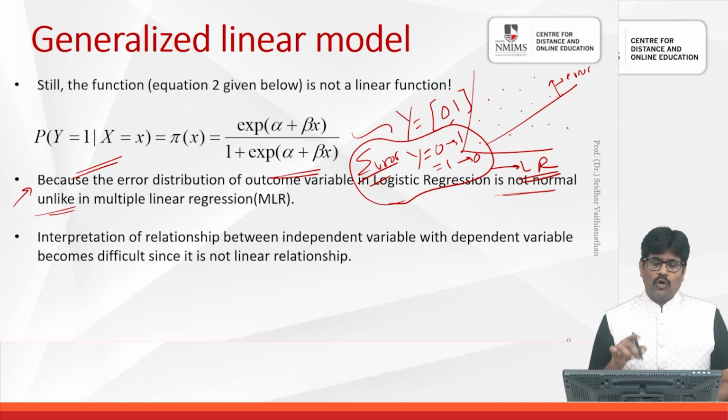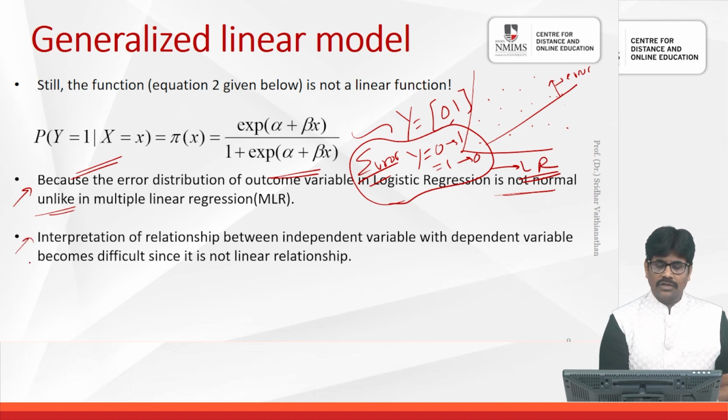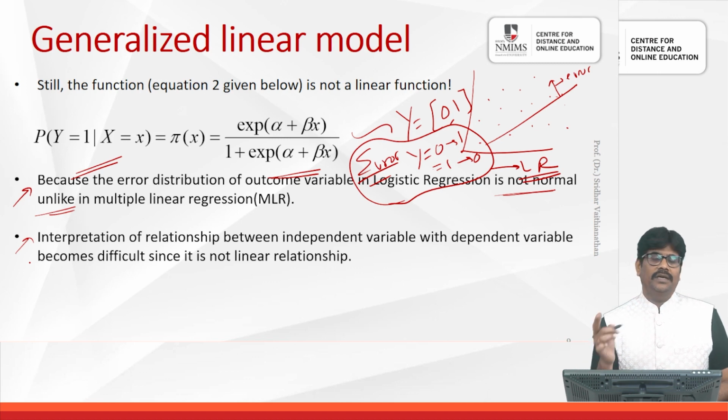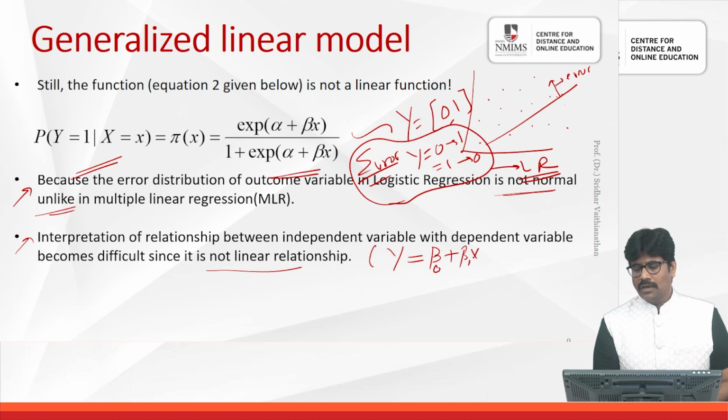Now because of this non-linearity between the dependent variable and the independent variable, the interpretation of the relationship between them in logistic regression becomes a problem, because it is not a linear relationship. In linear regression it goes like this: beta naught plus beta 1 x1 plus beta 2 x2 and so on, up to beta n xn.